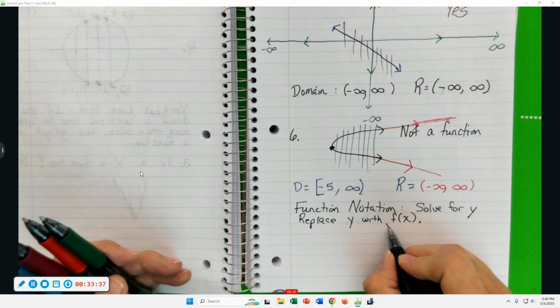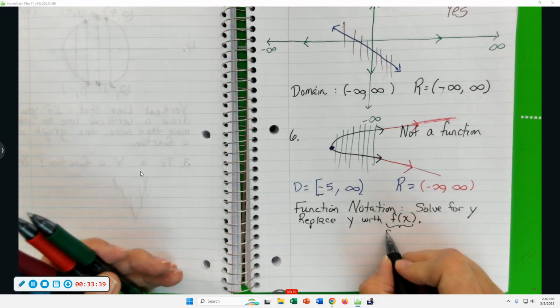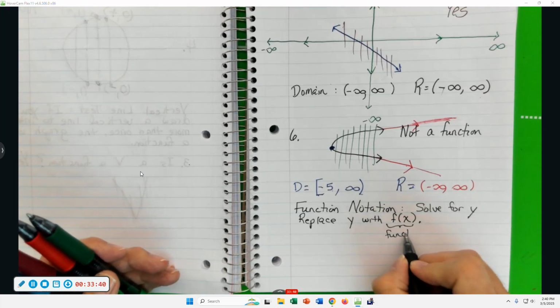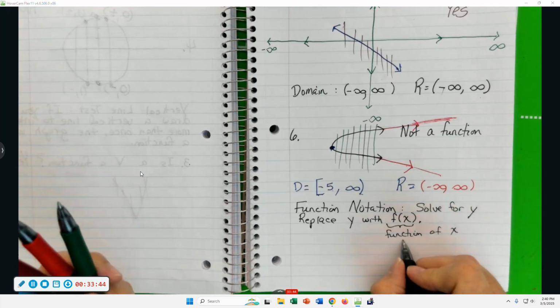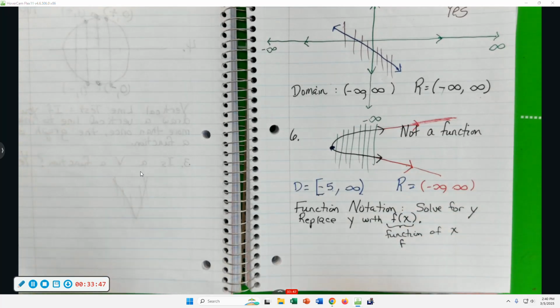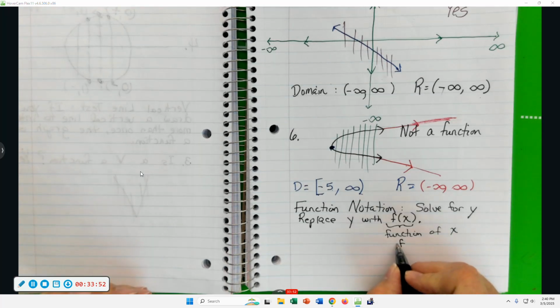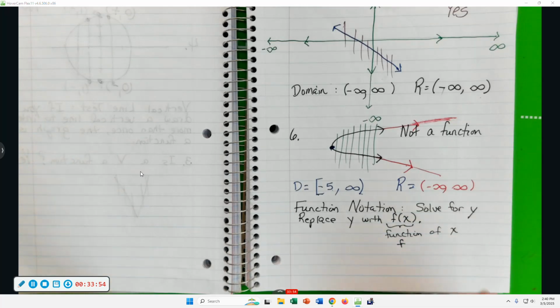This f parentheses x is read function of x. Sometimes you just say the letter f of x. Okay? It does not mean times. I know you may have heard in one math class that of means times. This time it doesn't.